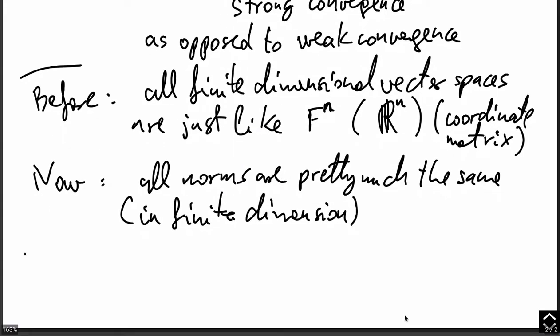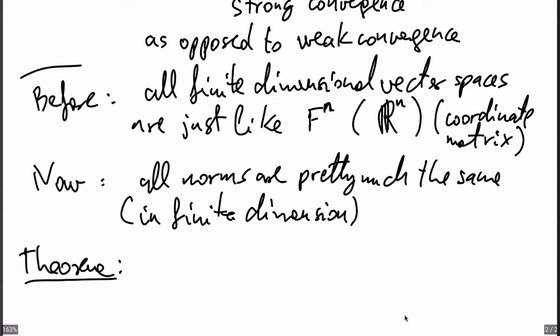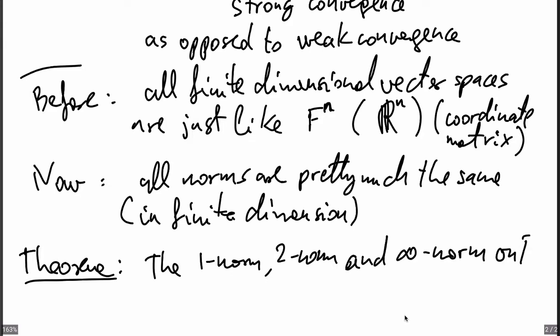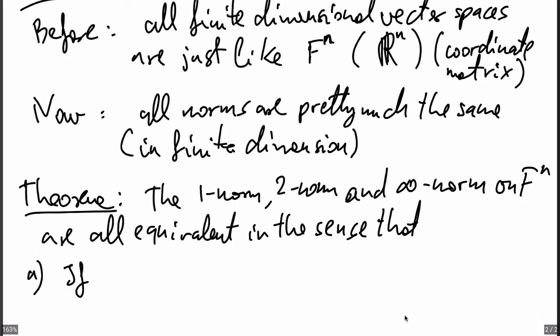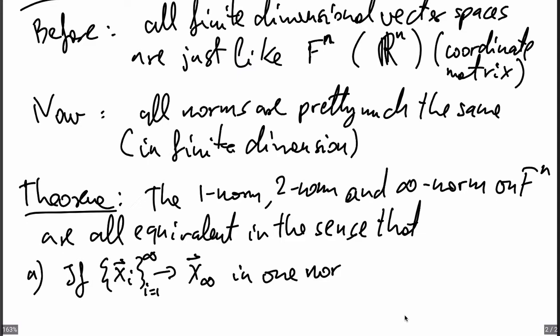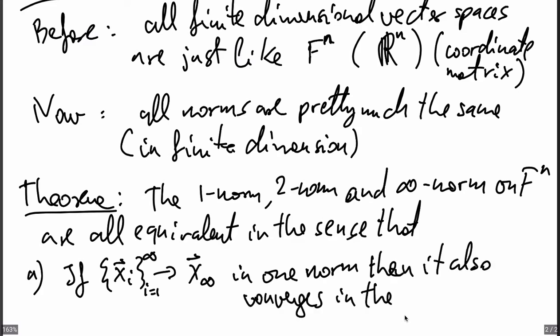So more precisely, the theorem says that the 1 norm, 2 norm, and infinity norm on Fn are all equivalent in the following sense. First of all, if we have a sequence of vectors converging to a vector as i goes from 1 to infinity in one of the norms, then it also converges in all the other norms.